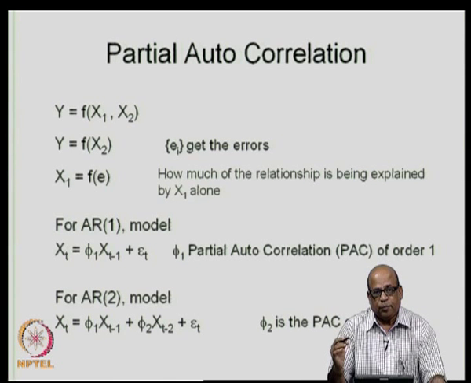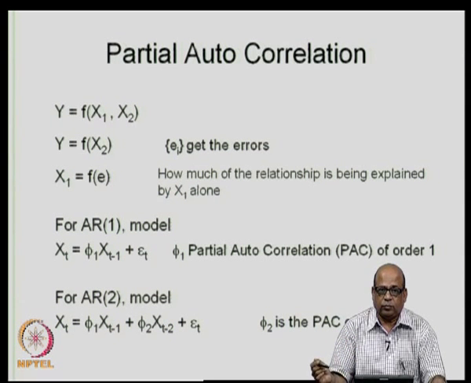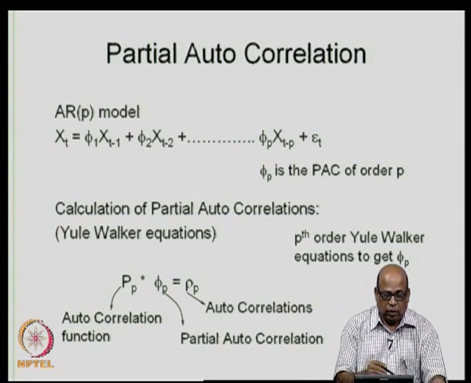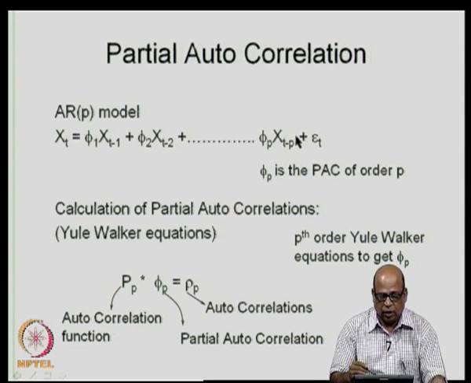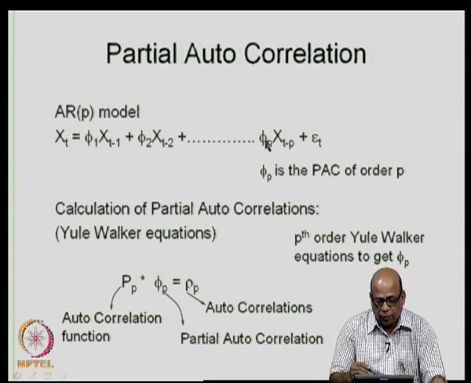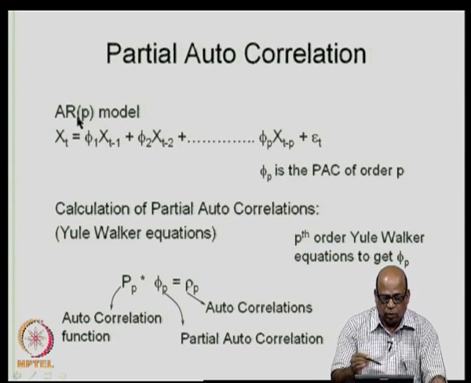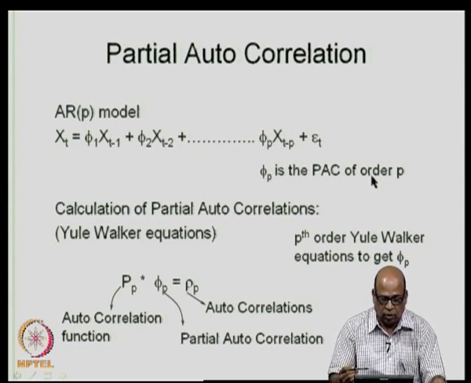So, in general, the phi p of the AR p model indicates the partial autocorrelation of order p. Any AR p model you write like this, x t is equal to phi 1 x t minus 1 etcetera, phi p x t minus p plus epsilon t, the phi p of the AR p model is the PACF of order p.